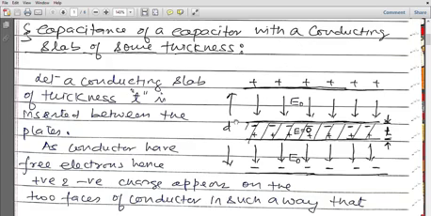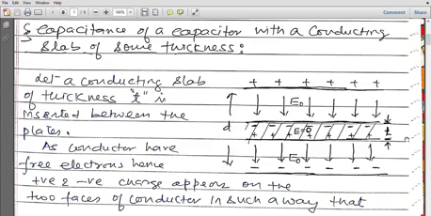So in the first case, we will take the case of a conducting slab whose thickness is less than the separation between two plates. Okay, so these are plus and minus, two plates of a capacitor, and the separation between these two plates is small d.